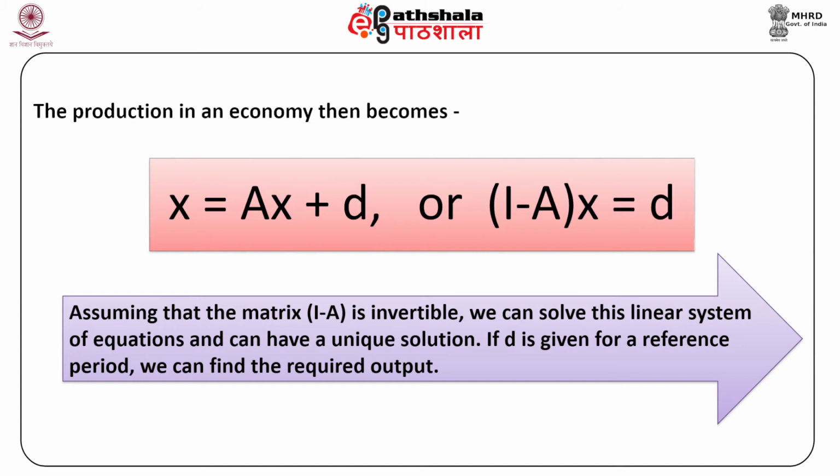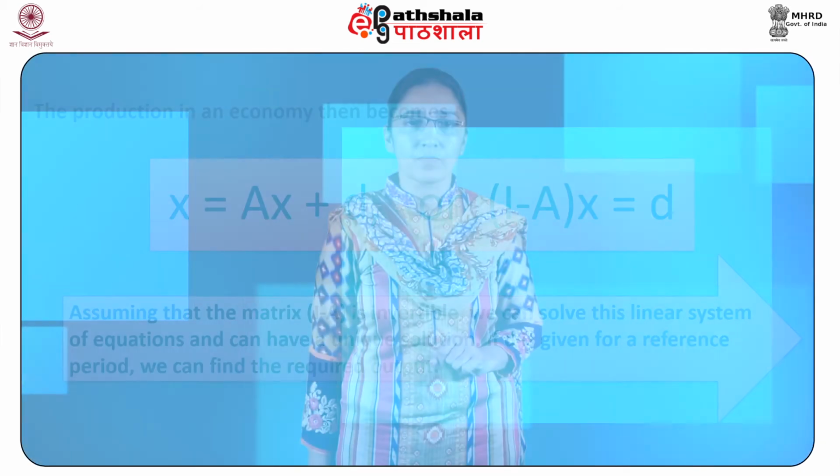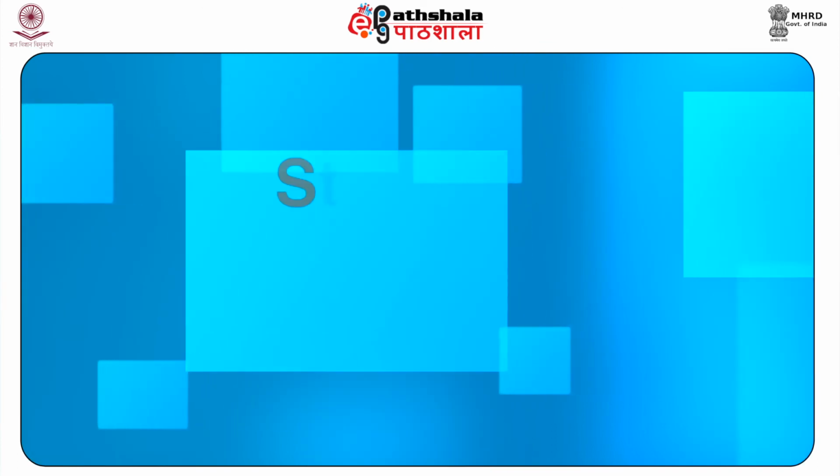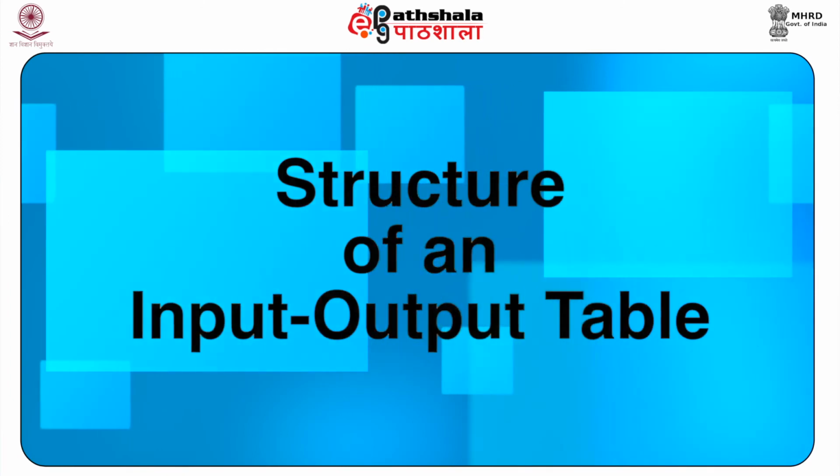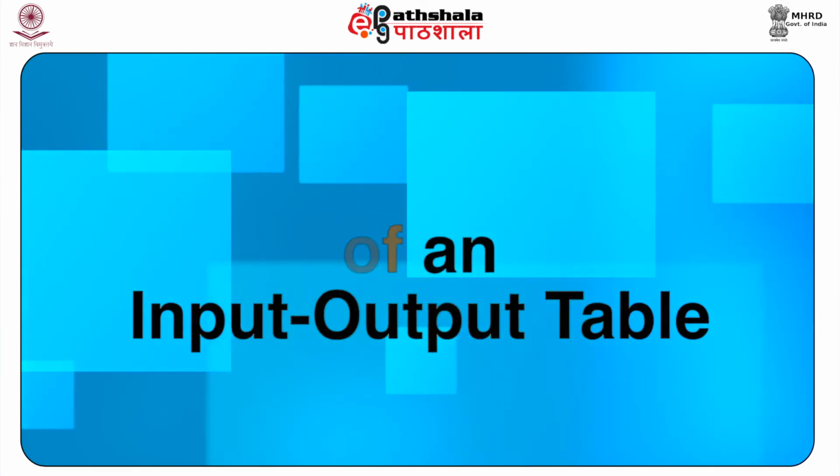If D is given for a reference period, we can find the required output. Following the Hawkins-Simon condition, principal minors of the matrix I - A are all positive values and X should have a non-negative value. Now let us look at the structure of an input-output table.